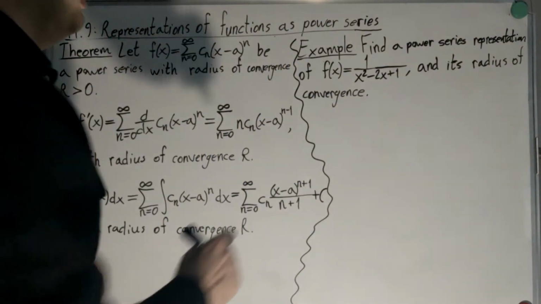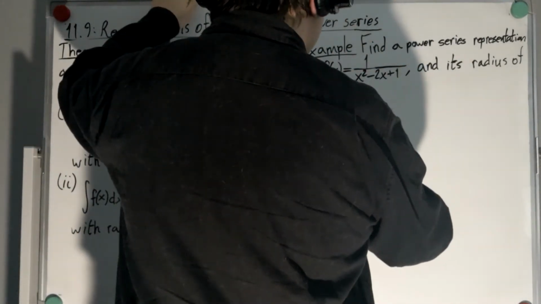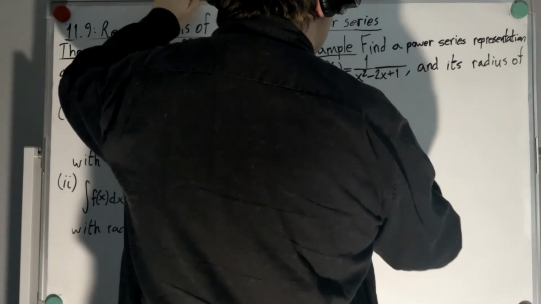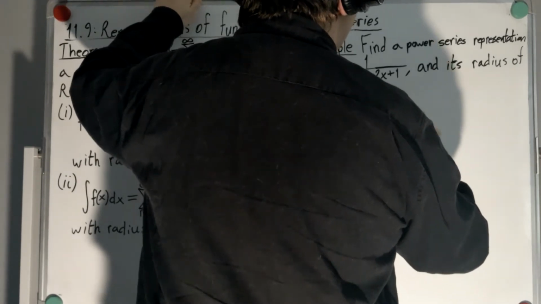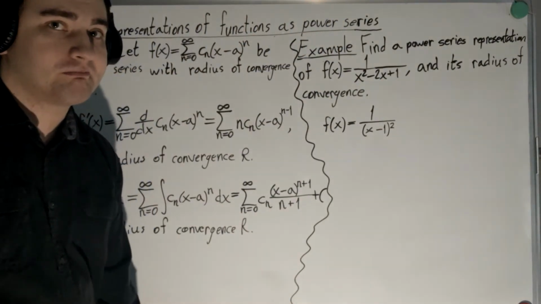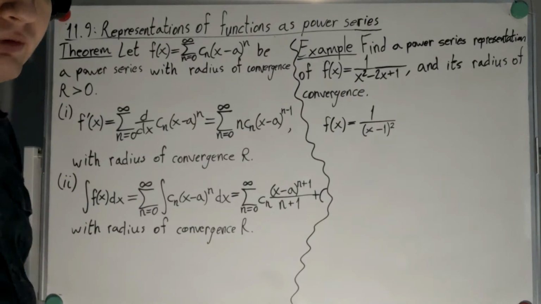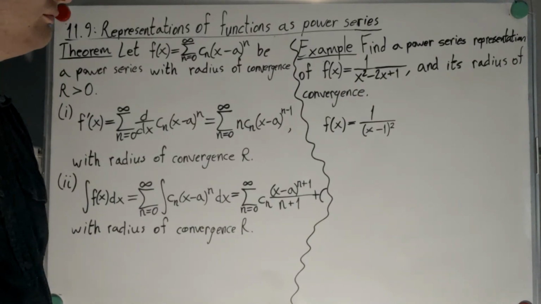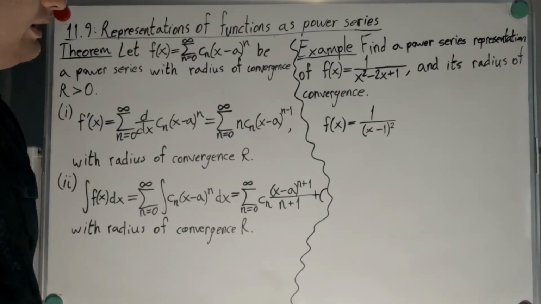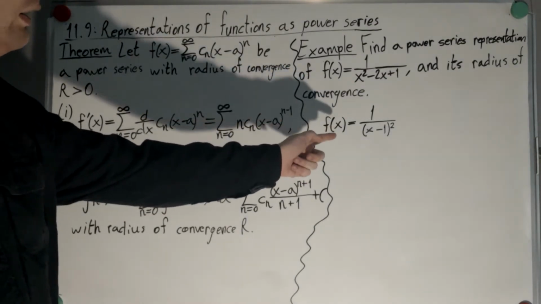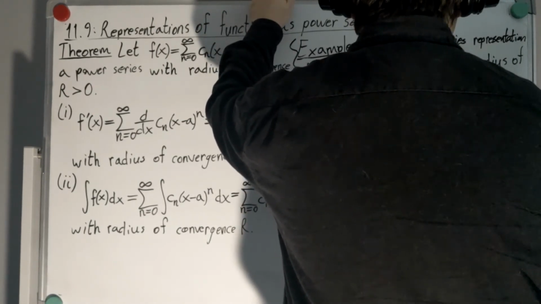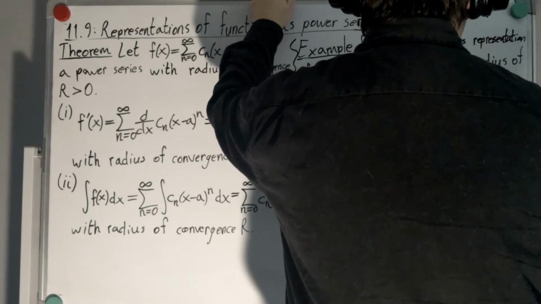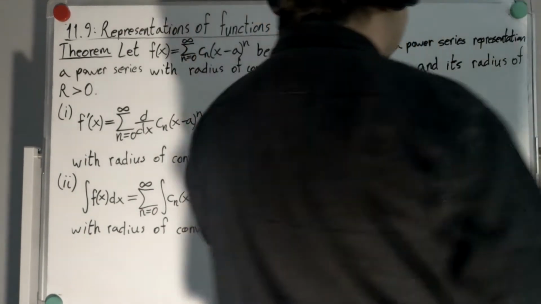Now, I just want to point out, this is the same thing. f of x happens to be 1 over (x minus 1) squared. We can get that by just factoring the denominator, right? Now, this right here happens to be the derivative of 1 over 1 minus x.